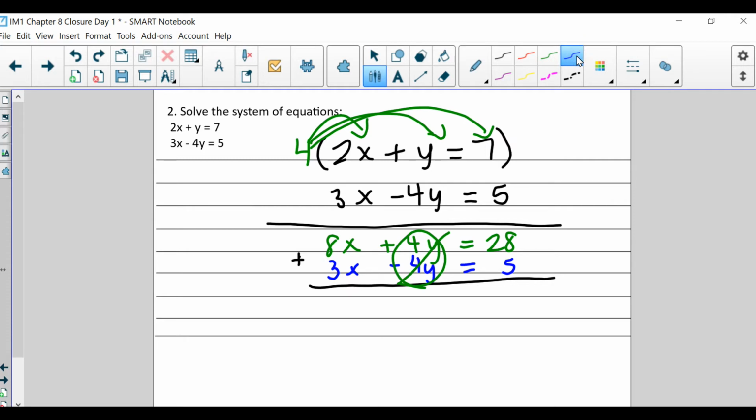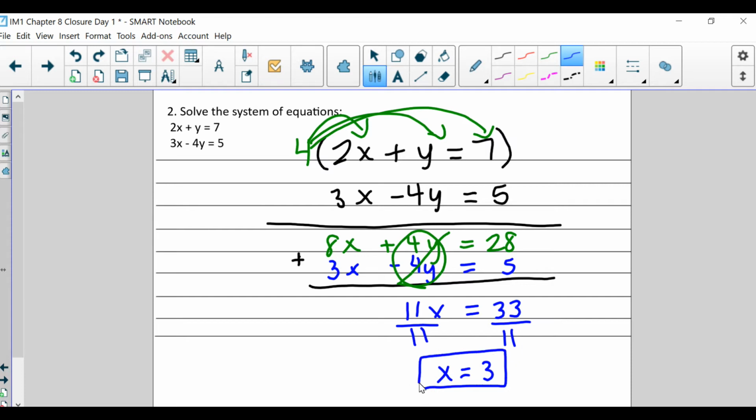And then we also notice that 8x plus 3x is going to be 11x, and that's going to be equal to 28 plus 5, which is 33. Then what do we do next? Well, we're going to divide by 11. What we do to one side, we do to the other, and so we get x is equal to 3.